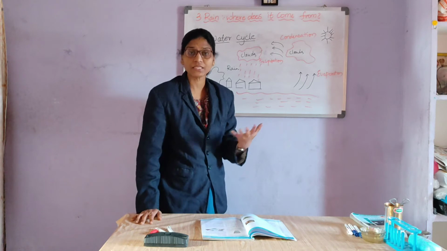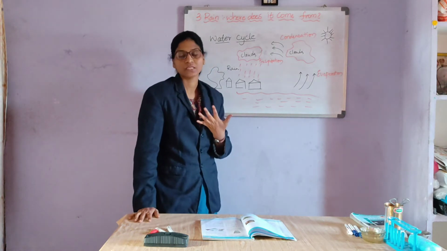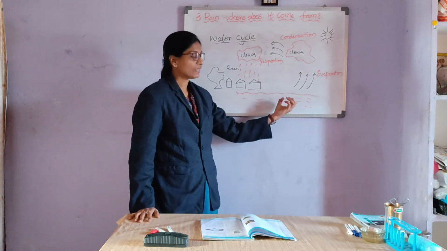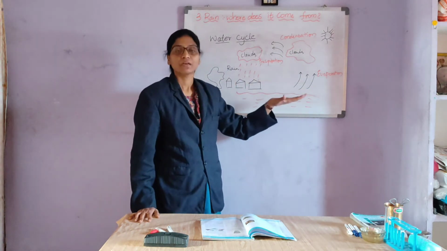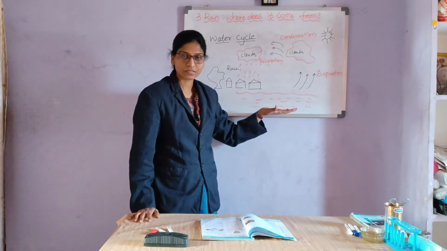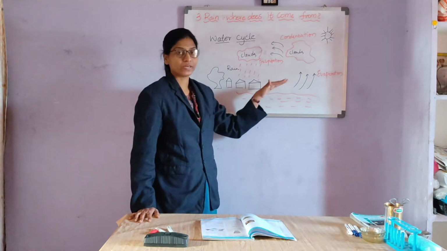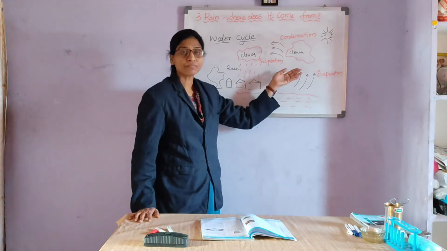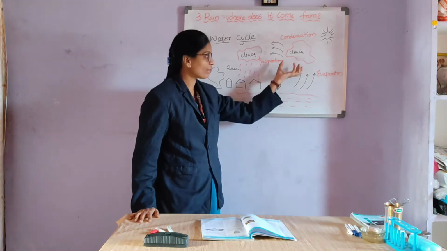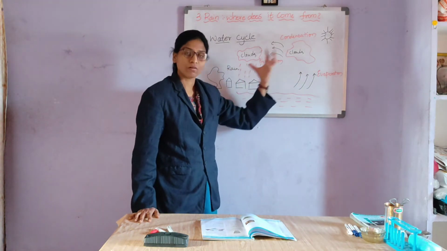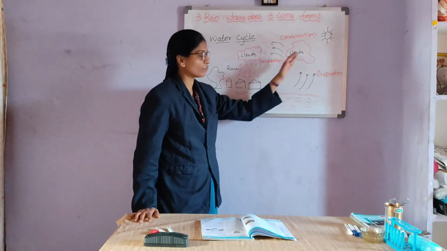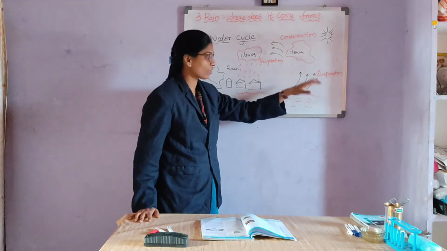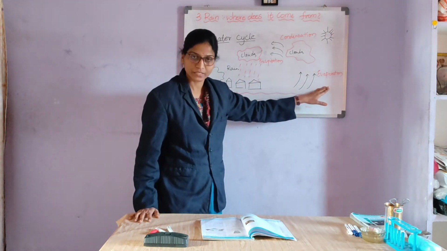The water present in the lakes, rivers, pools gets evaporated. The water in these water sources evaporates, converts into water vapor and forms the clouds due to the hot sun. This process, the conversion of water into water vapor to form the clouds, is known as evaporation.